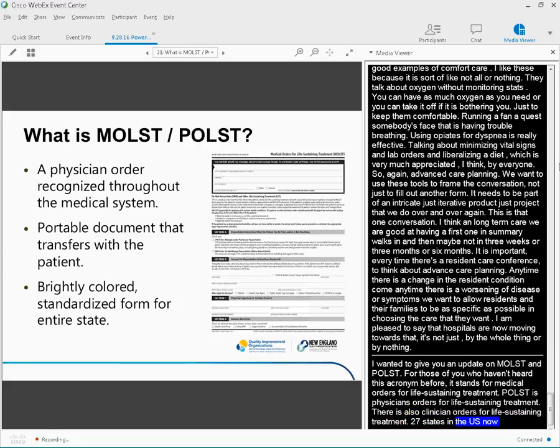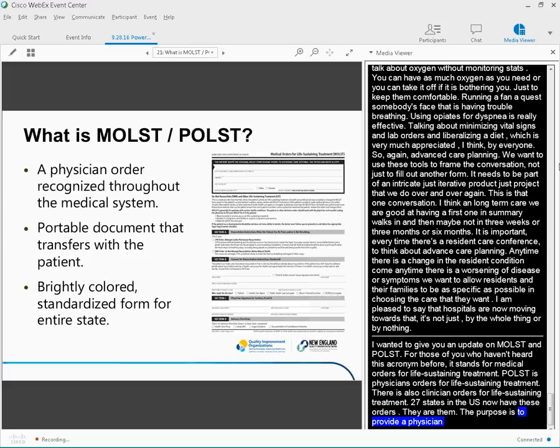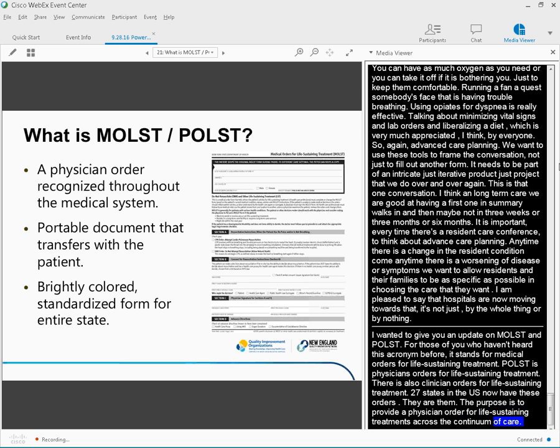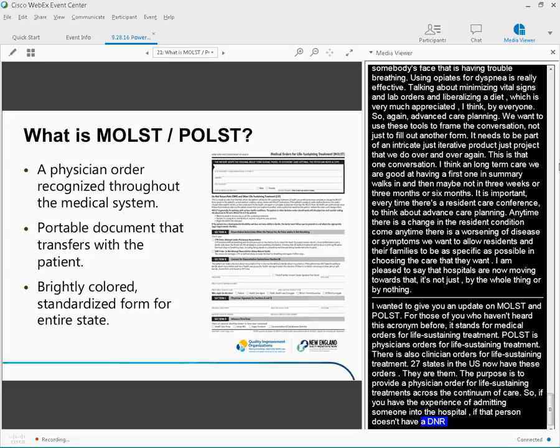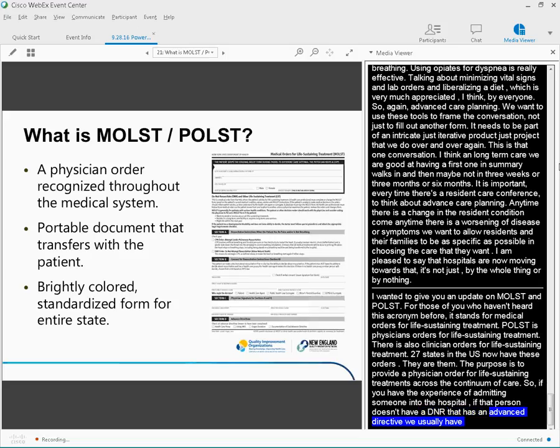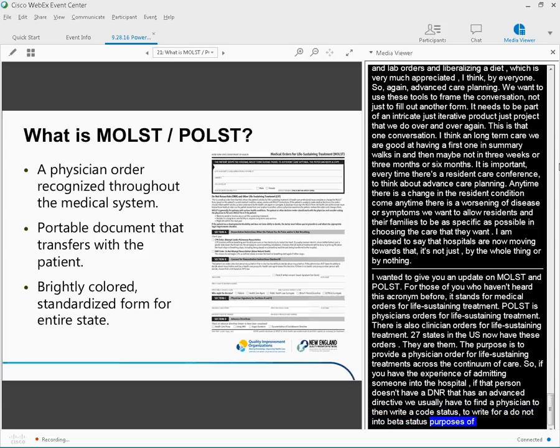The purpose is to provide a physician order for life-sustaining treatment across the continuum of care. So if you have the experience of admitting someone into the hospital, if that person doesn't have a DNR but has an advanced directive, we usually have to find a physician to then write a code status, to write for a do not intubate status. This is the physician's order that would go with the patient, so there's not that scrambling to find a doctor to write these orders.